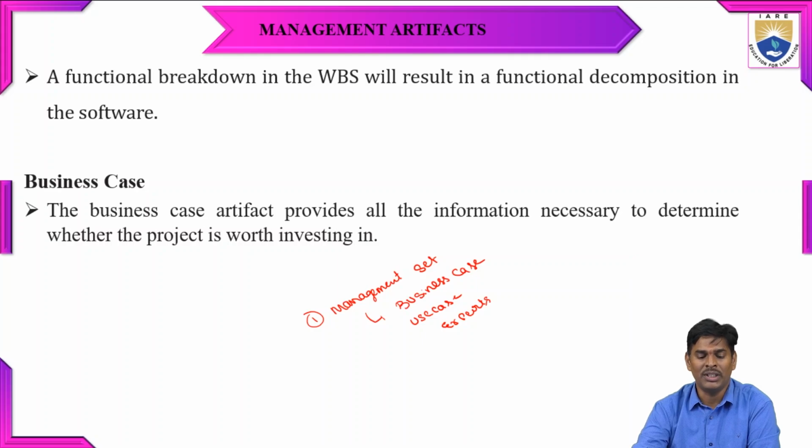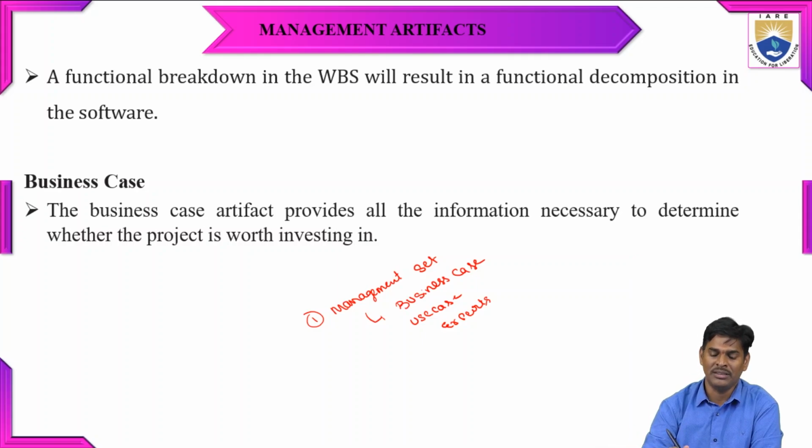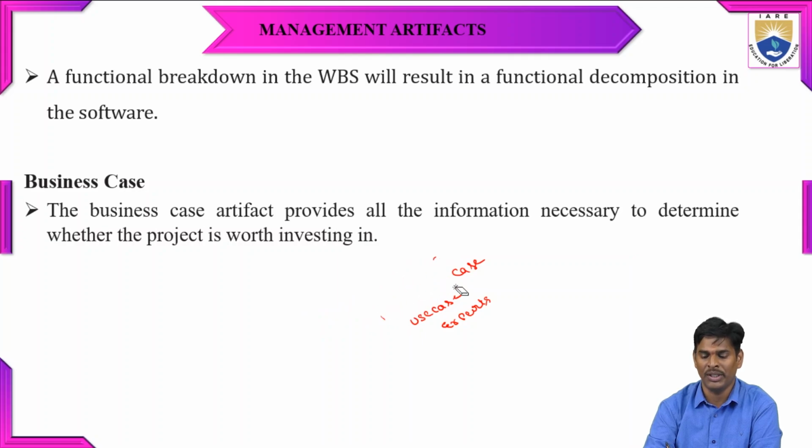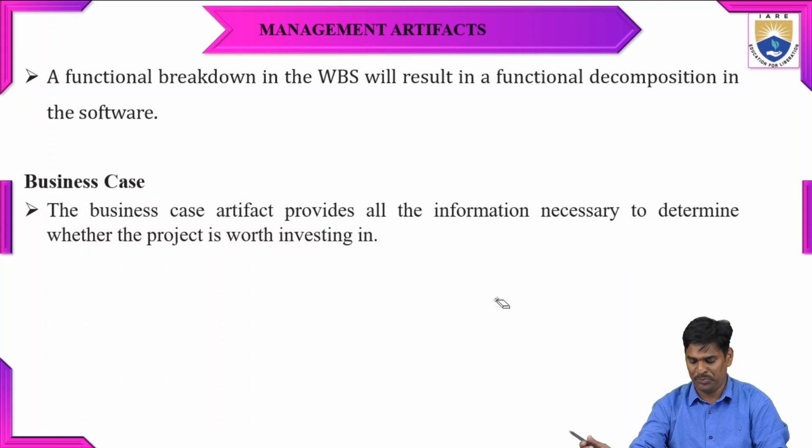Here we know that the business case provides all the information necessary to determine whether the project is worth investing in or not. Here they investigate more in depth about the project, and check what necessary information will be needed in this project.